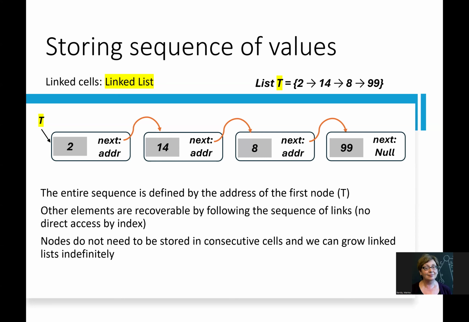Unlike in the array, we now cannot access the element directly by its position in the sequence, by the index. We need to follow the sequence of links because we cannot pre-compute the address of the desired element.